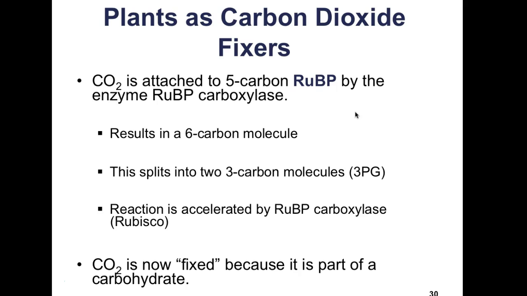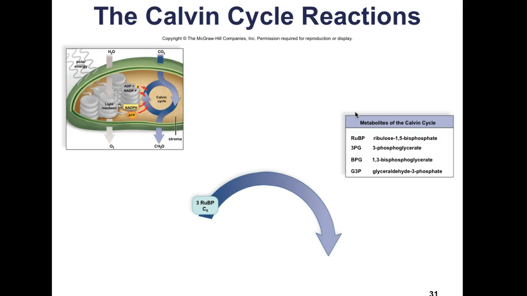And basically the reaction is accelerated by RUBP carboxylase or Rubisco. CO2 is now fixed because it is part of that carbohydrate. So once carbon dioxide gets reduced, we have that CO2 that is going to be fixed in those molecules. So if we look here at the cycle, we see ribulose bisphosphate or 1,5-bisphosphate.